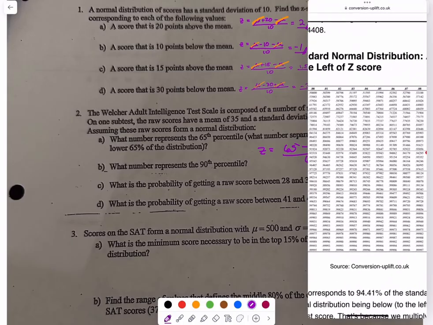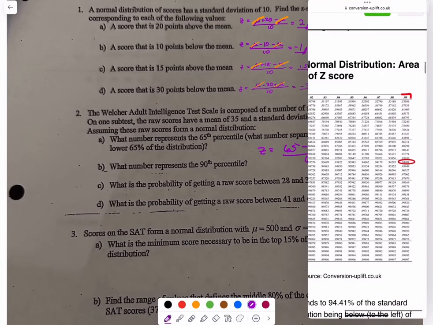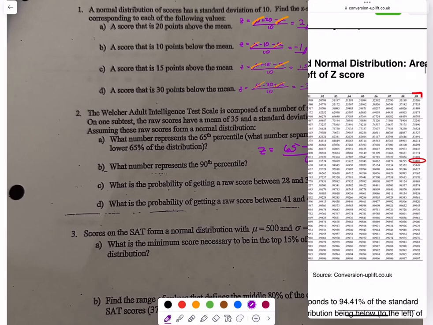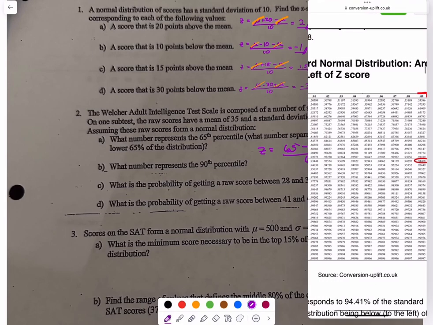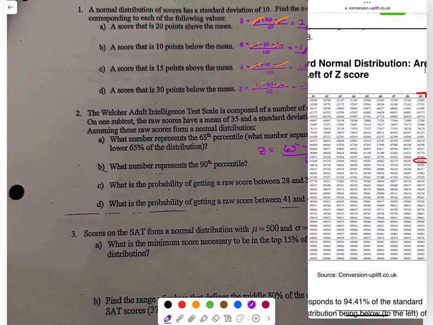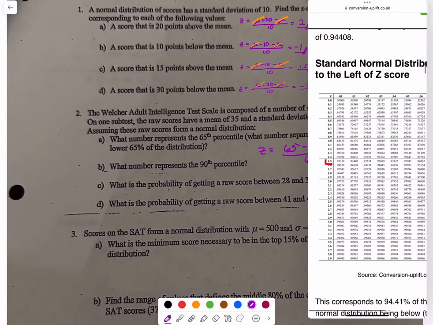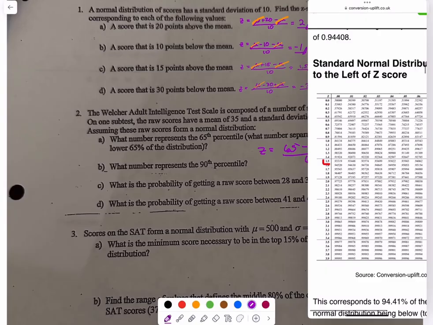Okay, from this chart, 65 is right there between 0.08, so 38. Z-score is 0.385. Okay, approximately 0.385, okay.